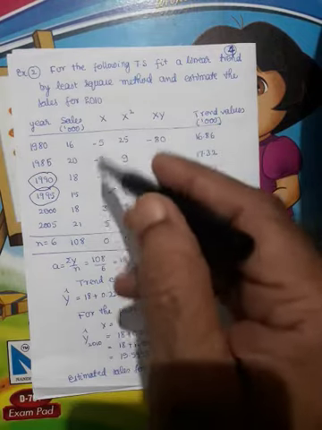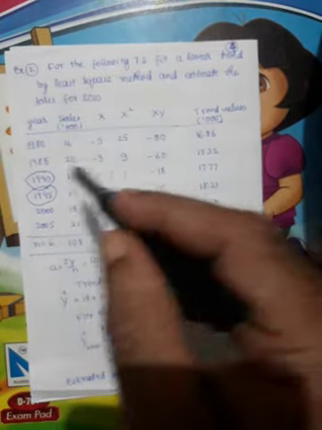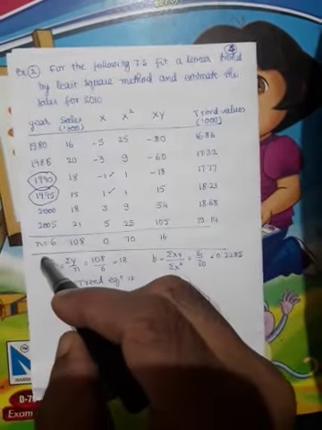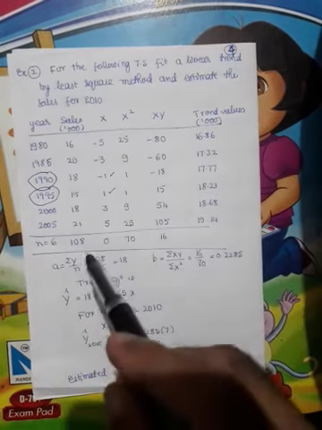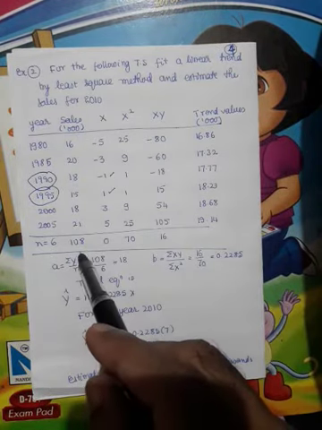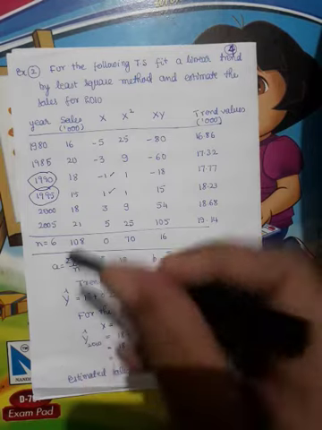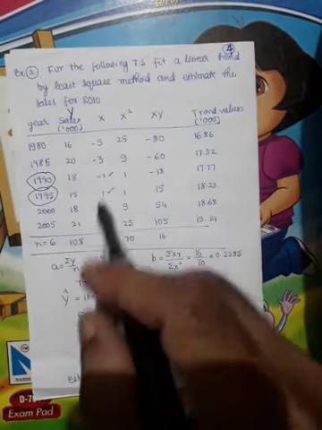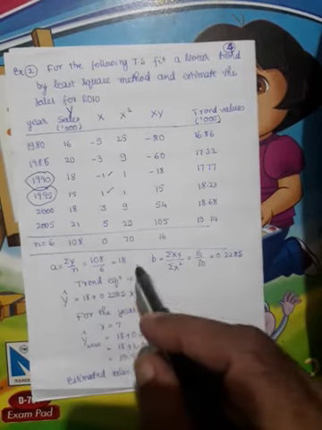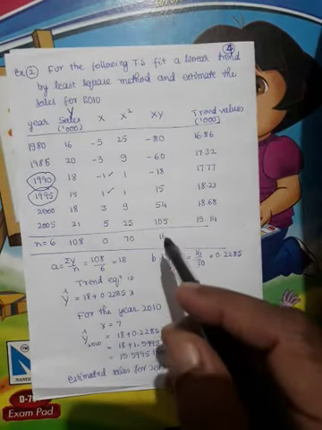Now add the columns. For the first column, count them, n is equal to 6. For the second column, sigma y is equal to 108, sigma x is equal to 0, sigma x square is equal to 70, sigma xy is equal to 16.